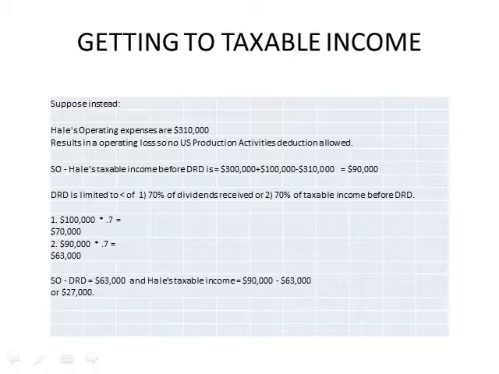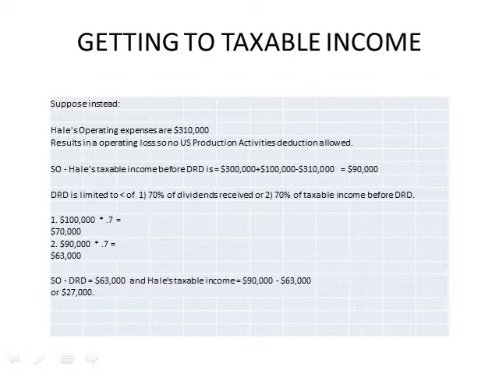So then we move on to calculate our taxable income before the dividends received deduction. And again, we're using the same numbers except for operating expenses, and that gets us to $90,000 of taxable income before the dividends received deduction. We know the dividends received deduction has these two limitations. It's limited to the lesser of either 70% of the dividends received or 70% of the taxable income before the dividends received deduction.